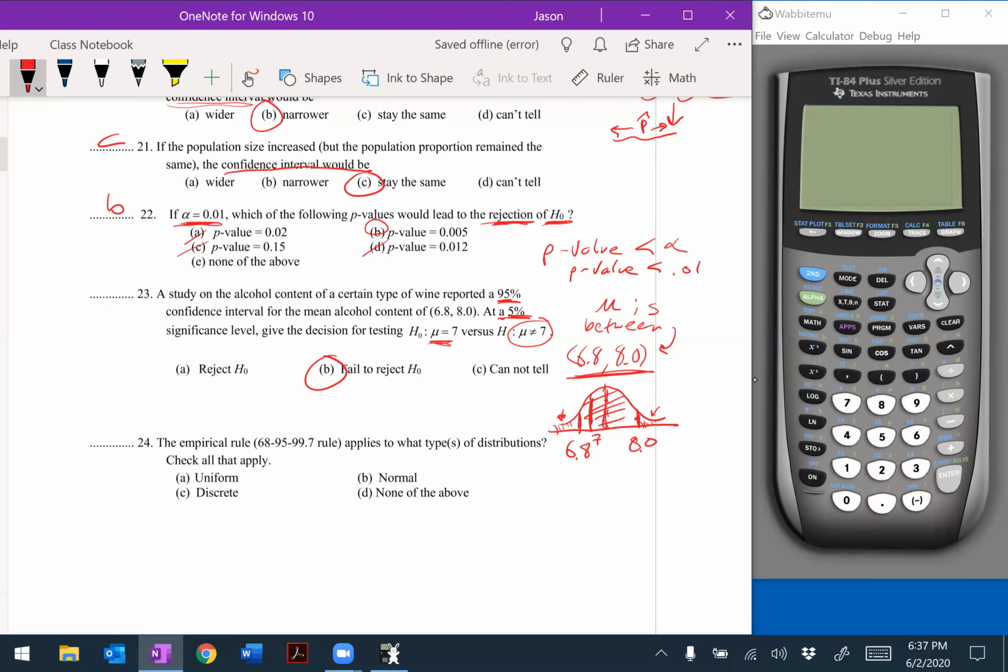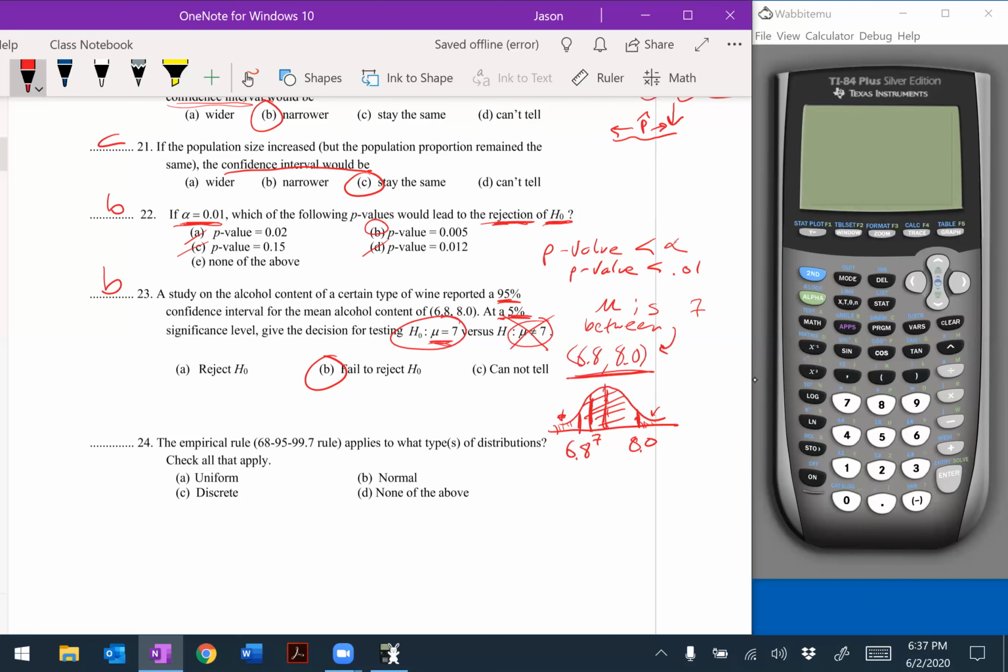I would accept that mu could be equal to 7, and I would reject that they're different, because 7 falls in between these two. So hopefully that made sense.